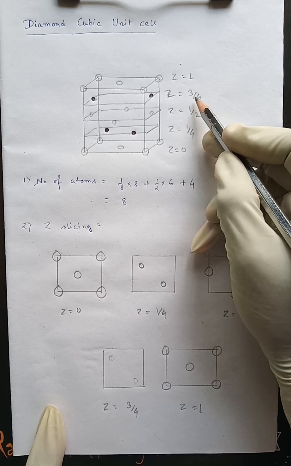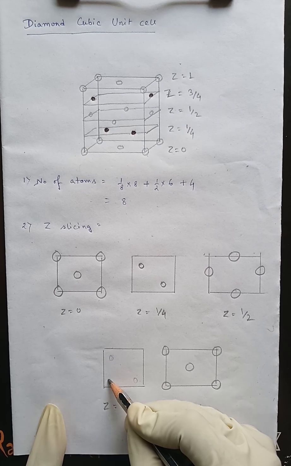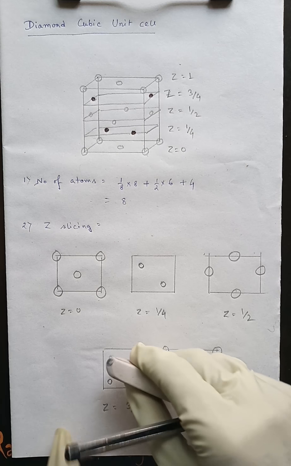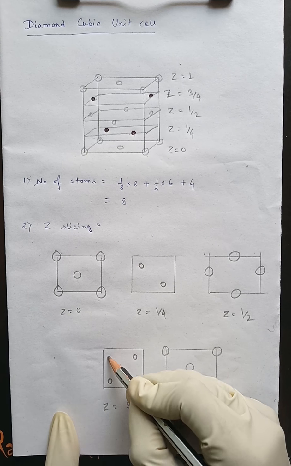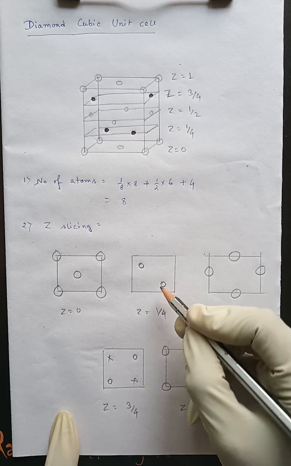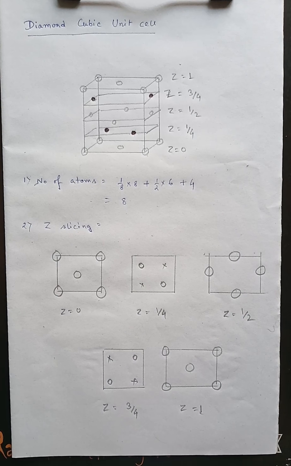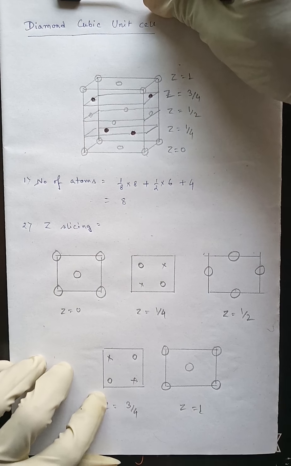At Z equals to 3 by 4, we will get another two alternating corners. Okay, so these places will be vacant. In case of Z equals to 1 by 4, these two places will be vacant. These 2 points.